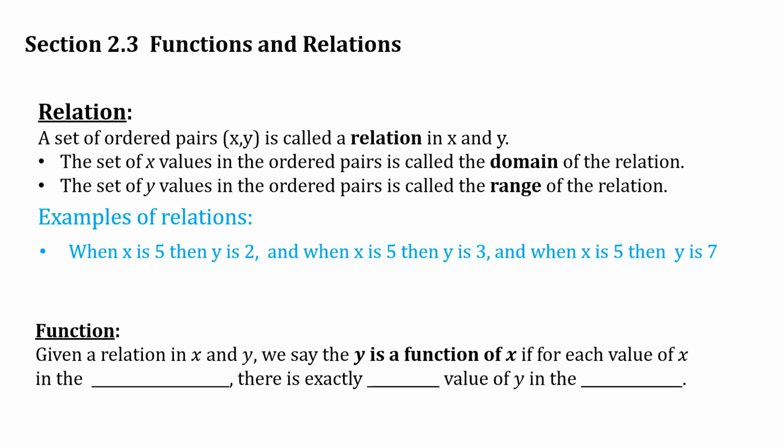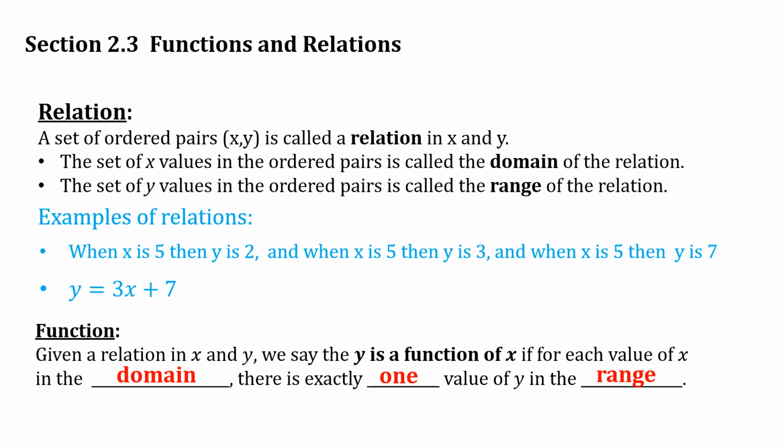A function is like a machine. You drop something in, something comes back out. The things that you drop in have to come out of the domain, and the things that come out of the function are called the range. So take an equation like this, y equals 3x plus 7. It's a linear equation, y equals mx plus b. 3 is the slope, 7 is the y-intercept.